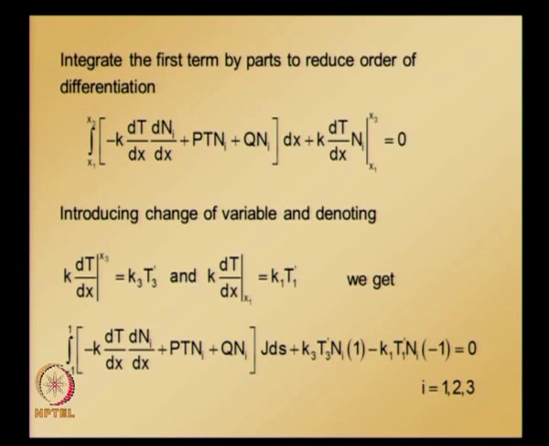The previous equation can be written in this manner, where dx is replaced with J ds and the rest of the terms follow once we substitute the first derivative of T with respect to x times k evaluated at x1 and x3, substituting the corresponding values, we are going to get this.